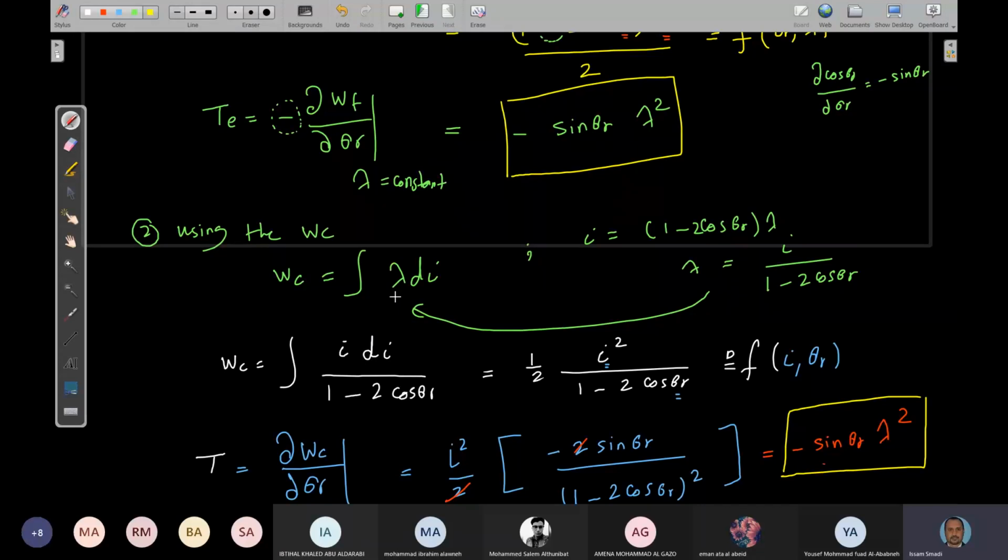But if the field energy is written in terms of the current and the displacement and the system is linear, then automatically you will have the Coenergy. Then you will use the Coenergy because you can evaluate the partial derivative. Do you have any question until here?